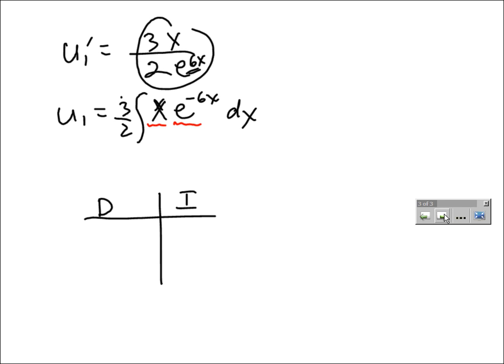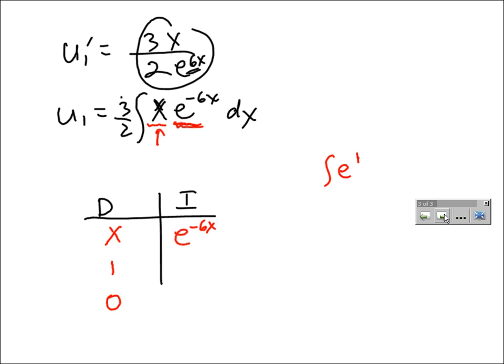If one of those factors, I can take the derivative of enough times to get 0, to annihilate it, and I can integrate the other term just as many times as I took the derivative to get this to be 0. This is the way to do it. Right, x, e to the negative 6x. Take the derivative of x, you get 1. Take the derivative of 1, you get 0.